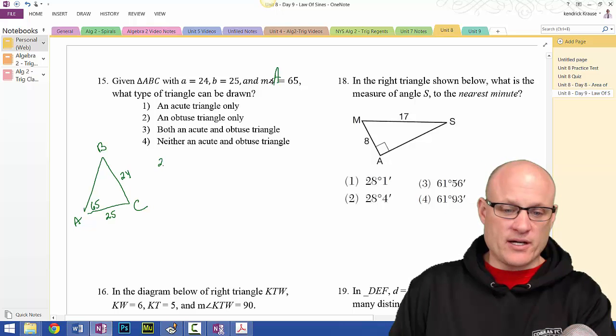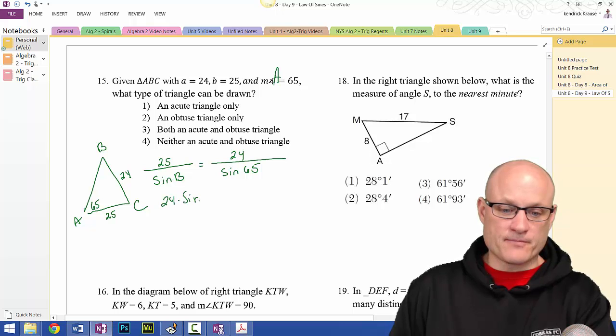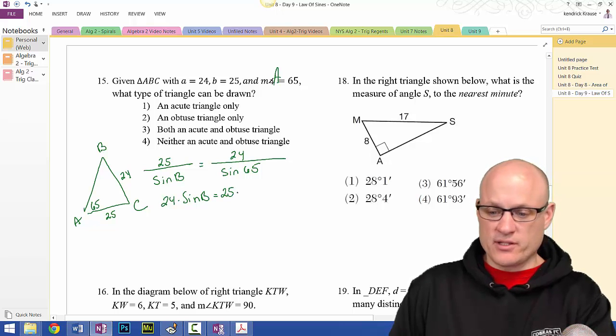So 25 over the sine of B is equal to 24 over the sine of 65. Okay. So let's see, 24 times the sine of B is equal to 25 times the sine of 65.